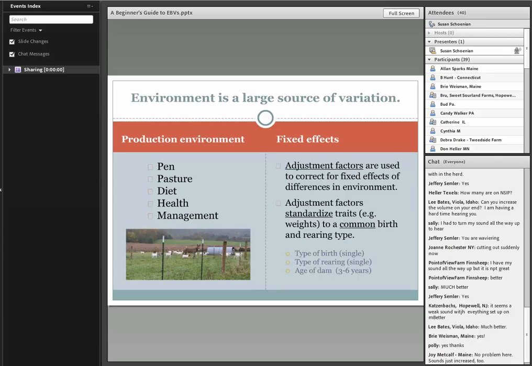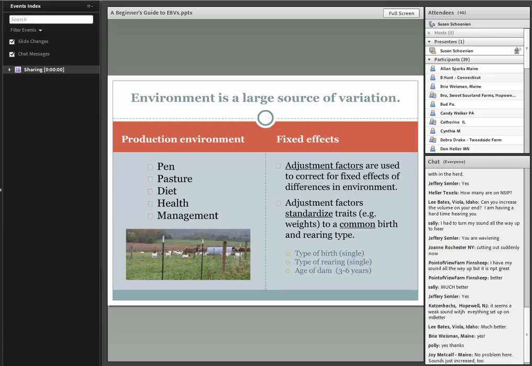Then there's some fixed effects that don't necessarily involve us and our decisions, but nonetheless affect the environment of that lamb or kid. And NSIP EBVs use adjustment factors to correct for those fixed effects, for differences in the environment.